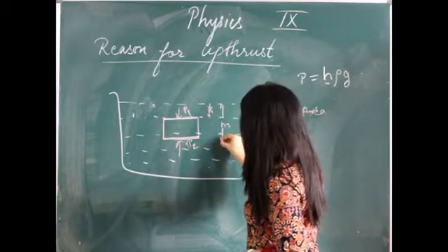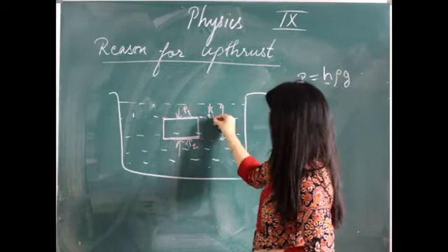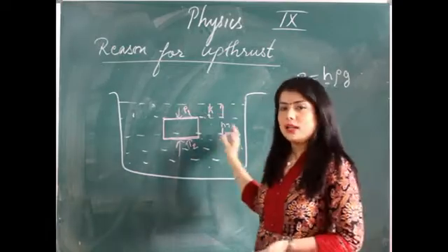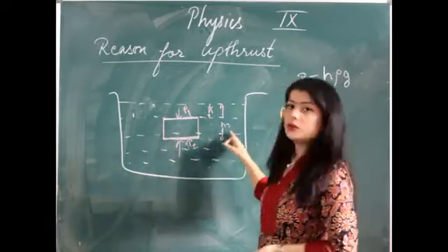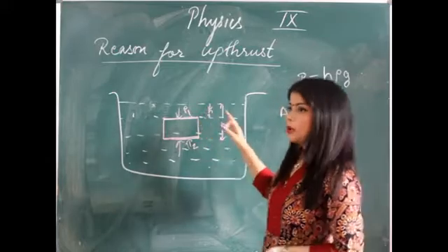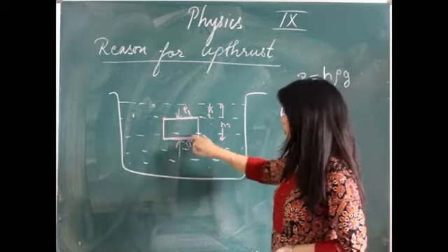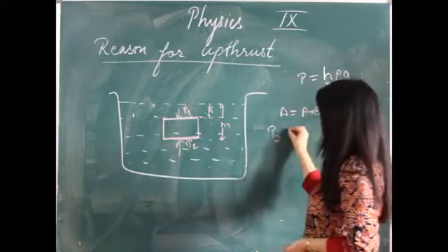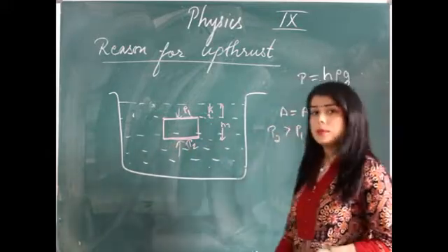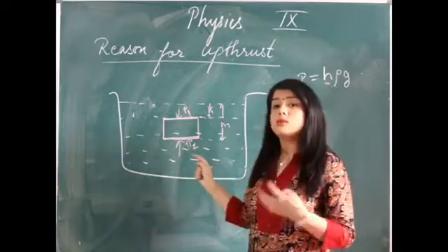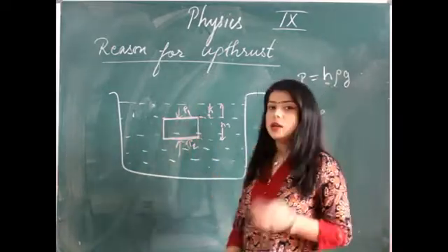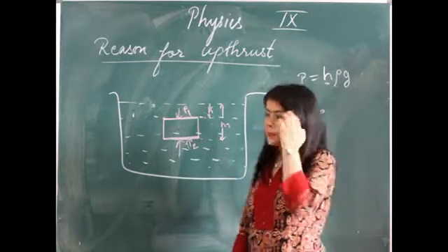This height of the surface is H2, this height is H1. Now we can clearly see that H2 is greater than H1. So because H2 is greater than H1, pressure P2 is automatically greater than pressure P1. So the pressure over here is more than the pressure at the top surface of the object.